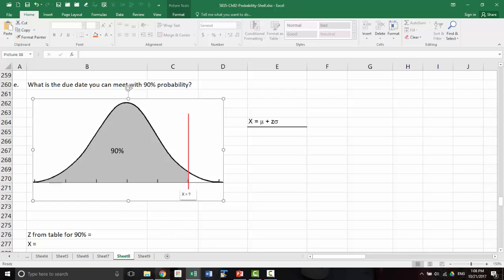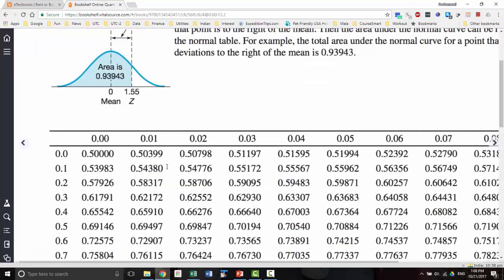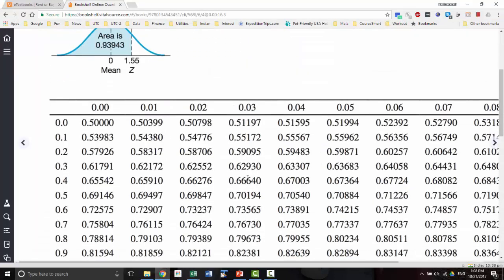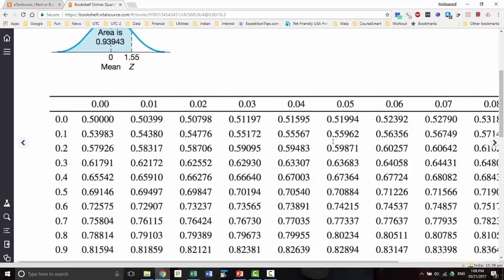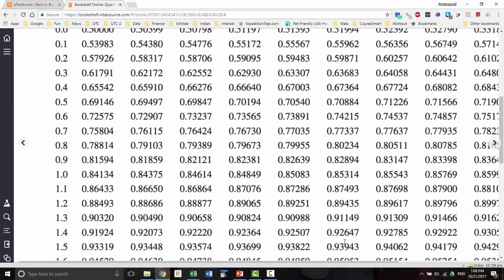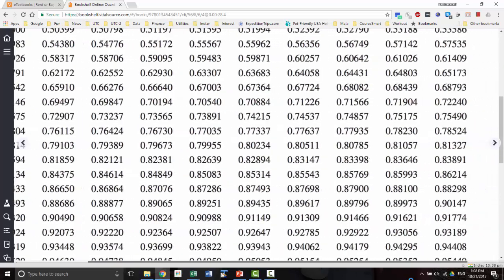So we want 90% probability. Now remember, probability is inside the table, and the z values are on the margin. So now you need to look for 90%, and it's likely that you may not find the exact 90% listed in the table.